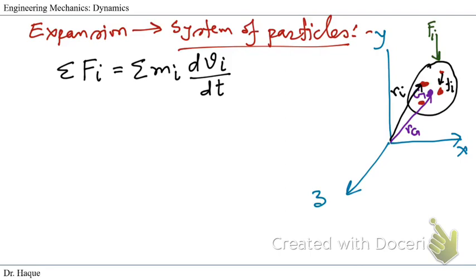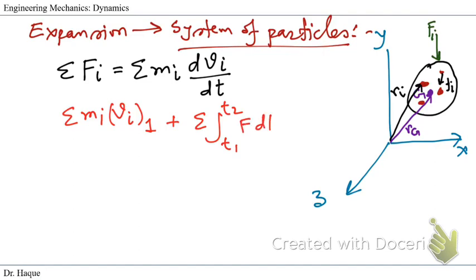Now if we do the same thing and take integration to find the impulse and momentum, following the same approach that we did in the previous part A lecture, we will have the summation of m_i v_i, the velocity of each particle at the initial state, 1, plus the impulse over a certain amount of time from t1 to t2, the integral of F dt, equals the summation of m_i v_i at the final state, which is 2.